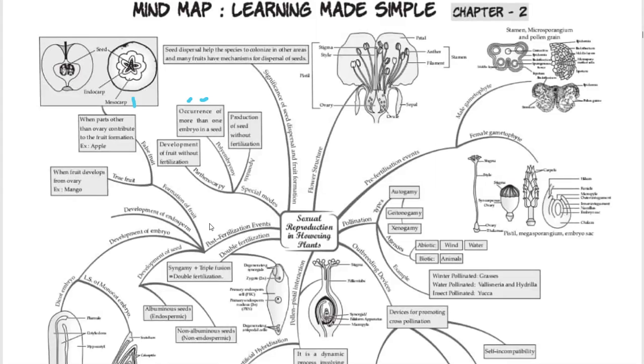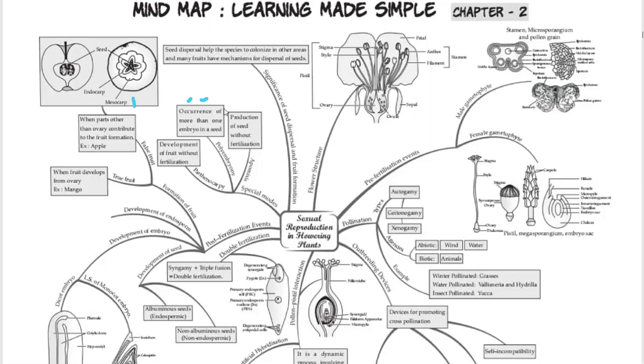Then formation of fruit can be divided into two types, true fruit and false fruit. When parts other than the ovary contribute to fruit formation, we say it is a false fruit. But when the fruit develops from the ovary, we say it is a true fruit. An example is mango. Then there are some special modes, like parthenocarpy, the development of fruit without fertilization, and polyembryony, the occurrence of more than one embryo in a seed.